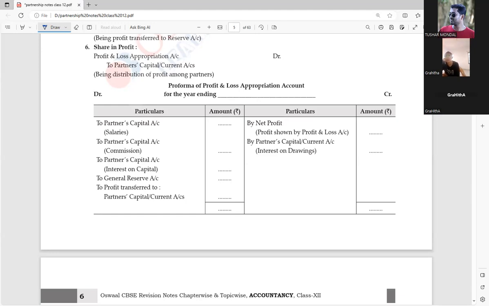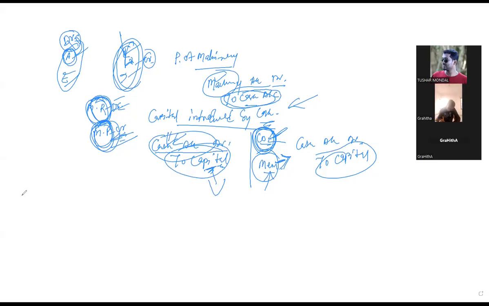So first I am going to the board to show what appropriation is and how to deal with it. First thing first, what is appropriation? In a partnership firm, appropriation is nothing but distribution.